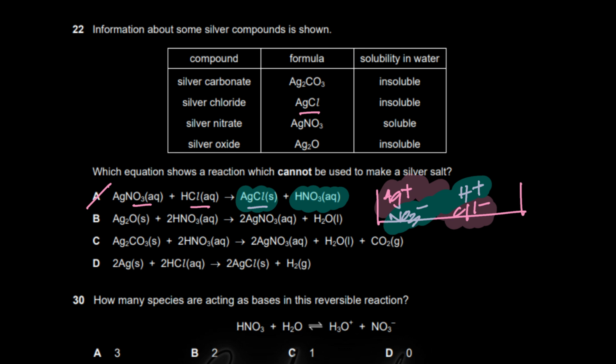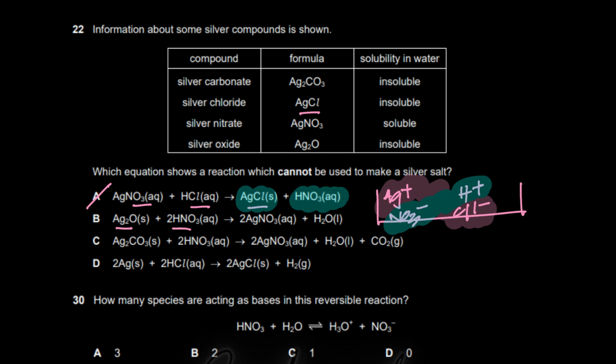Now if you look at B, you have silver oxide reacting with HNO3, and you get silver nitrate and H2O. Absolutely correct equation. Why? Because silver oxide is basic in nature and this is your acid, so an acid-base reaction takes place. Silver bonds with nitrate to form silver nitrate, and the hydrogens and this oxygen form H2O.